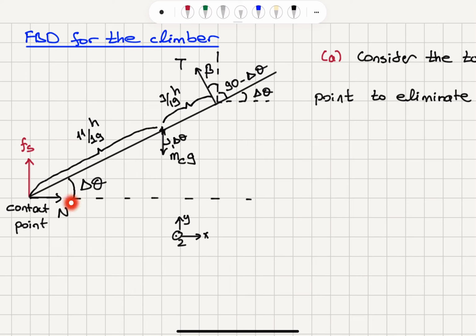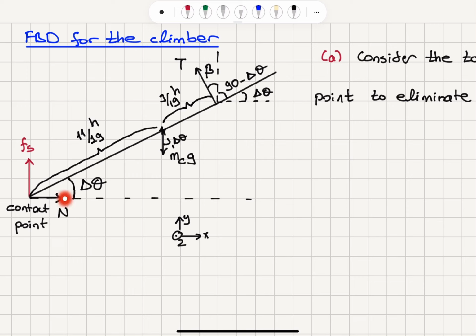And if the climber makes an angle of delta theta with the horizontal axis, if you complete this, you see this is 90 minus theta, this is theta. So delta theta is the angle the weight makes with the normal to the climber's body. And that same angle, delta theta, is here. So if this is the vertical axis, this is the horizontal axis.